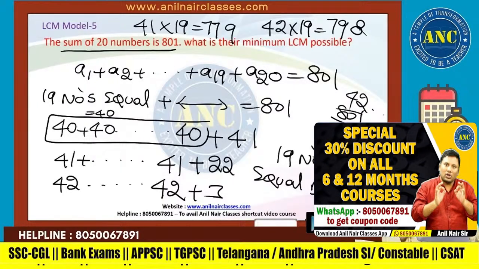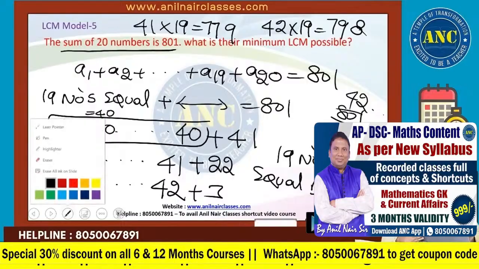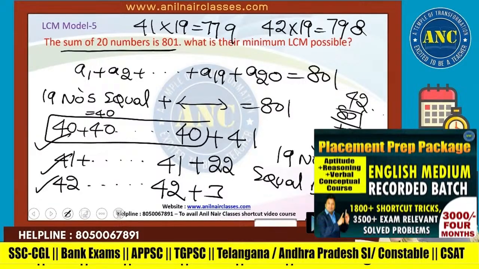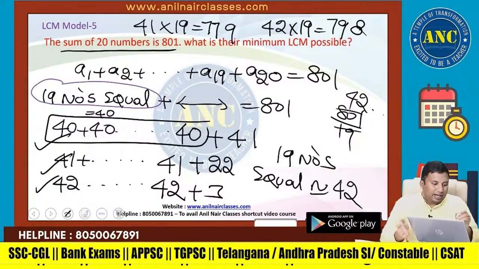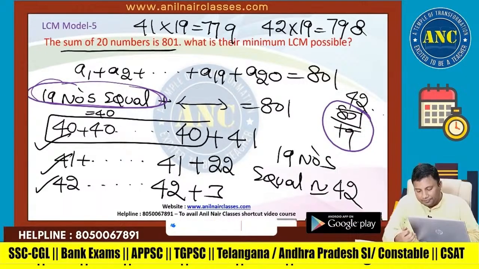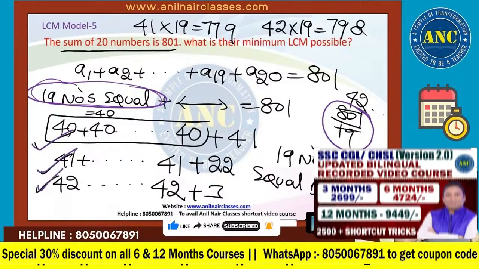How did I get 40, 41, 42? All the 20 numbers cannot be equal, so 19 numbers need to be equal. 801 divided by 19 is closer to 42, so take the values 40, 41, 42.